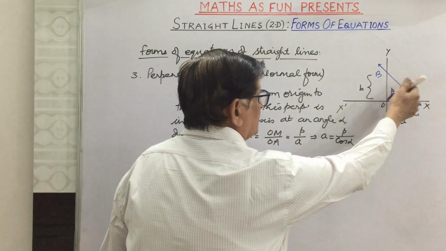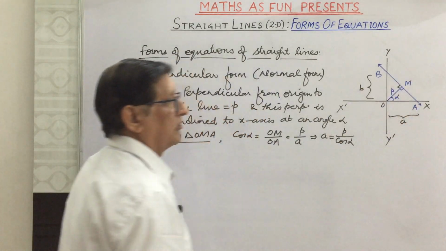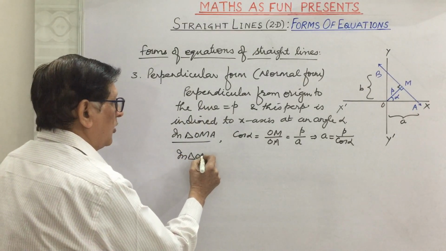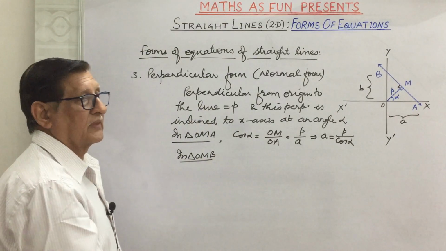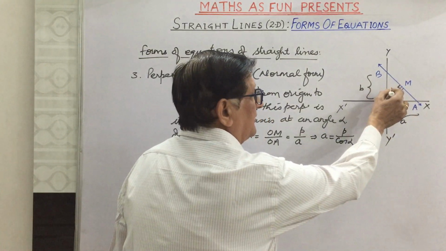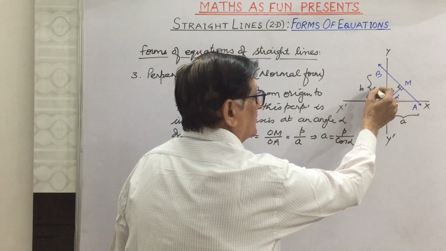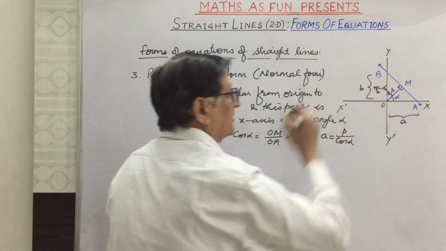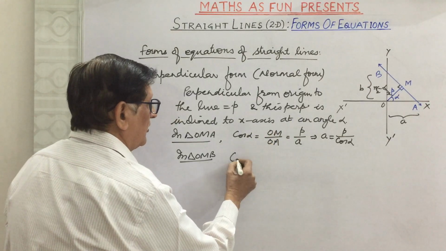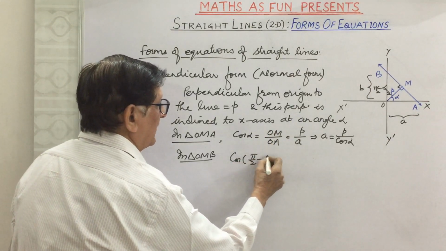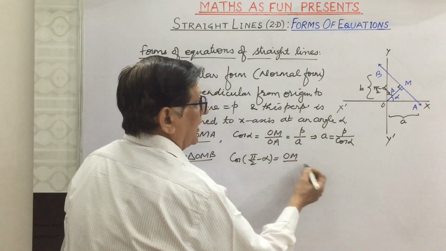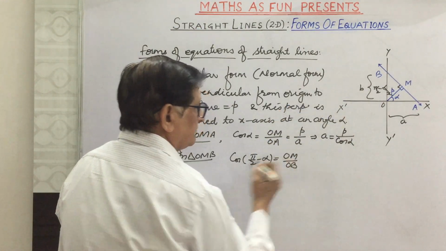Similarly, if we go in triangle OMB, this angle we will find is 90 minus alpha. We can write here this is pi by 2 minus alpha. And for this, if we go for cos of pi by 2 minus alpha, that will be OM upon OB.